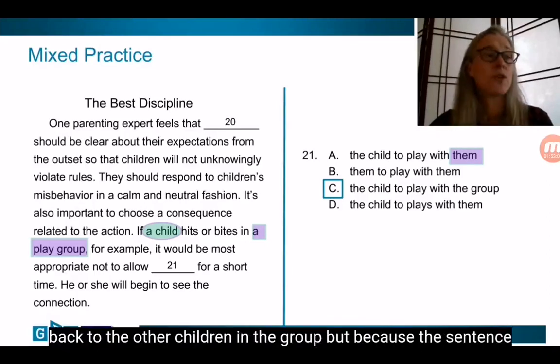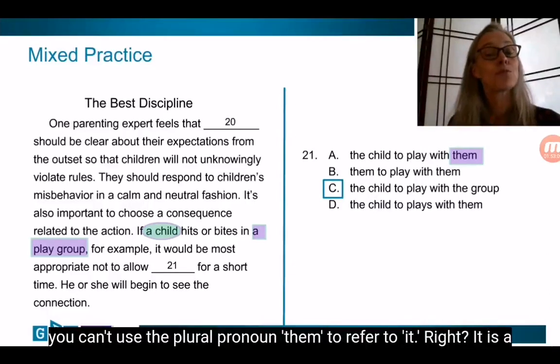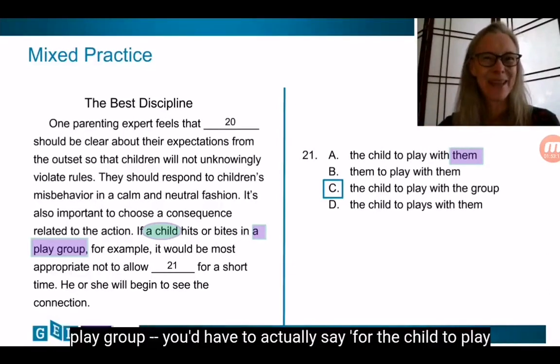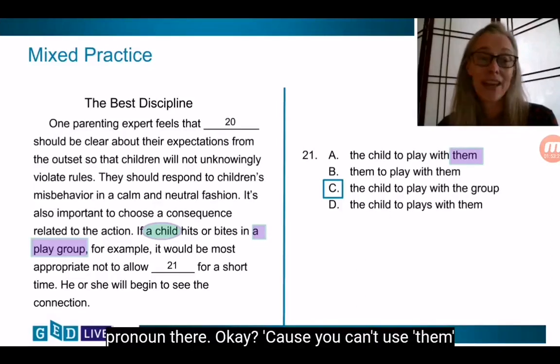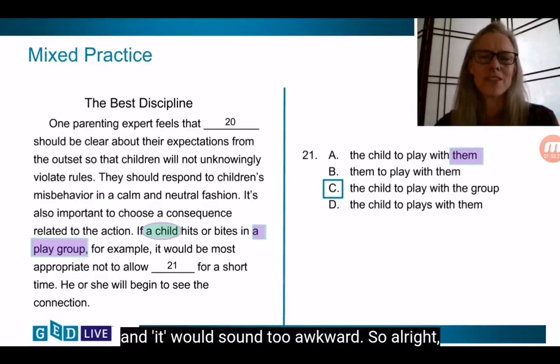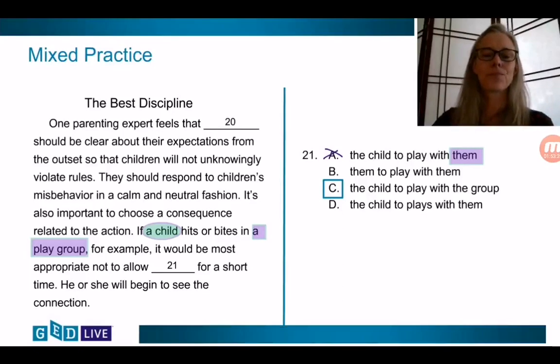It's referring back to the other children in the group, but because the sentence just used the group as a single group, that's one group, and you can't use the plural pronoun them to refer to it. Right? It is a play group. You'd have to actually say for the child to play with it, and that would sound terrible, so you'd never use that pronoun there, okay? Because you can't use them, and it would sound too awkward. So, all right, let's get rid of answer choice A.